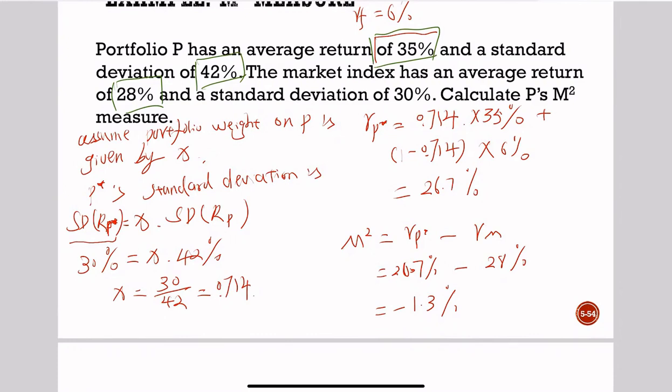So there's no way for them to know how to make this adjustment, right? So the takeaway here is raw return is not a good measure of performance. You have to consider risk. So M squared is a simple way to adjust risk, and then after adjusting the risk, you can use the adjusted return as a performance measure.